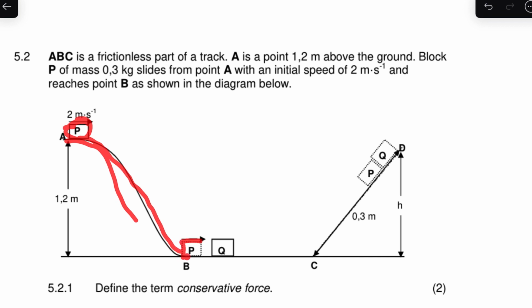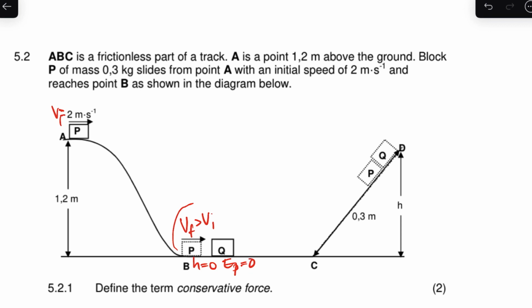So when it reaches point B, it will reach point B with a final velocity that is greater than the initial velocity, right? And as block P slides down, its height decreases. So that means the gravitational potential energy decreases to 0 here. So the height here is 0 and the gravitational potential energy is 0.